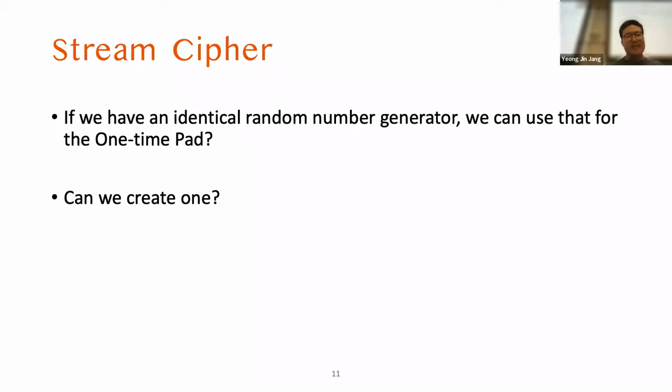It's quite early, but there was no way to share the random number generator securely between two entities. After that, there were advances in cryptology, and cryptographers tried to create those.